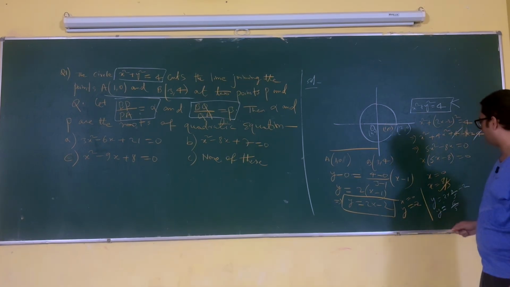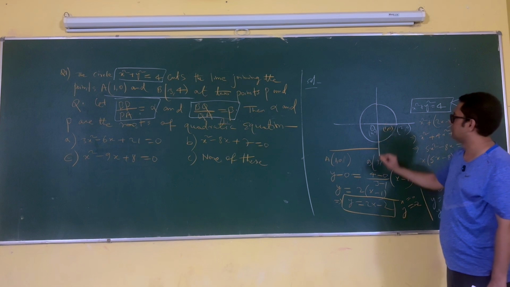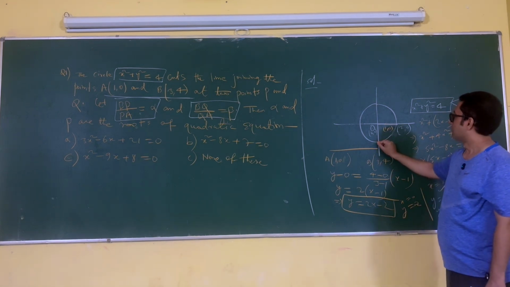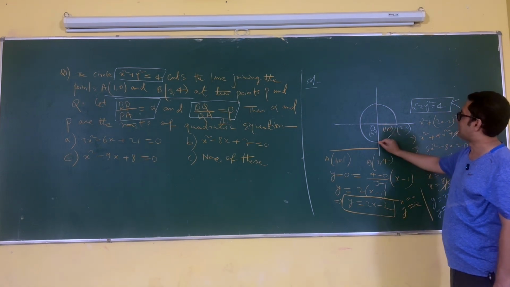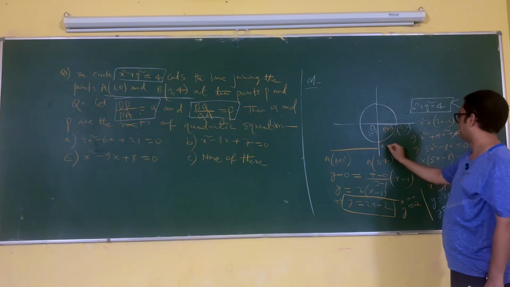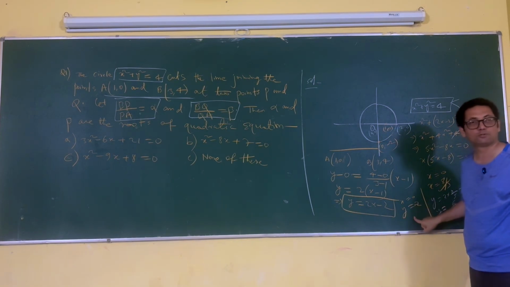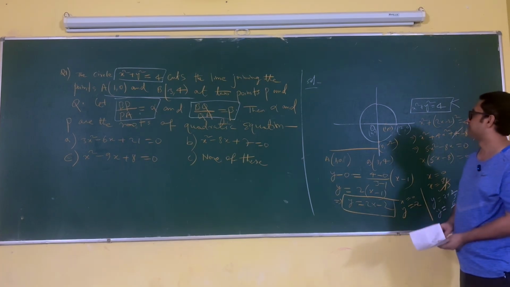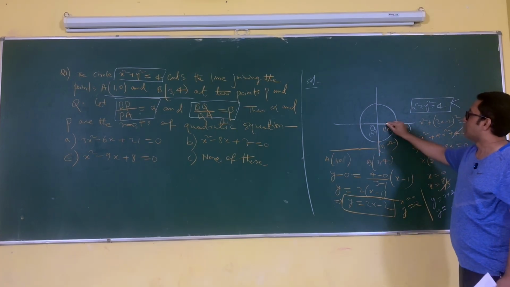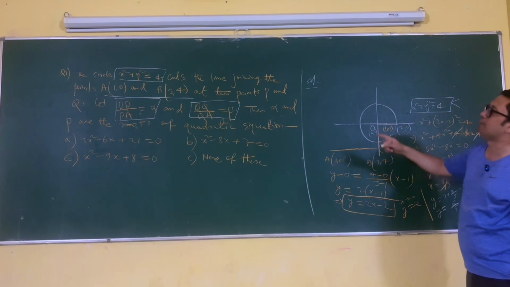So 0, minus 2. So where is 0, minus 2? This is 0, minus 2, we got it. And here 1, 0 and another point is 3, 4.